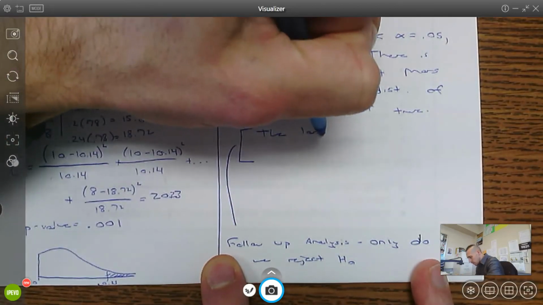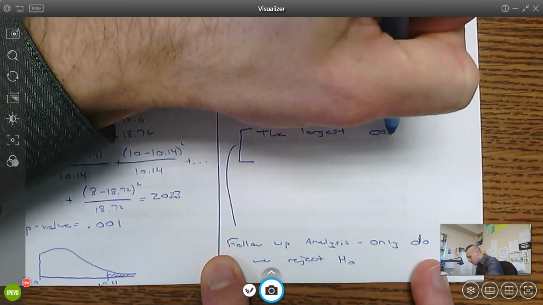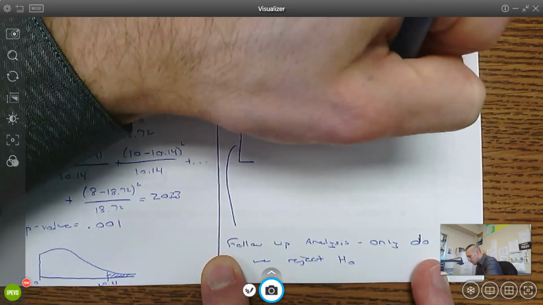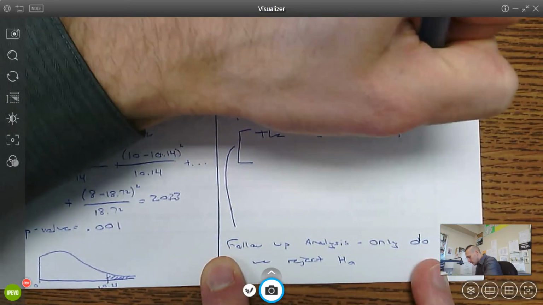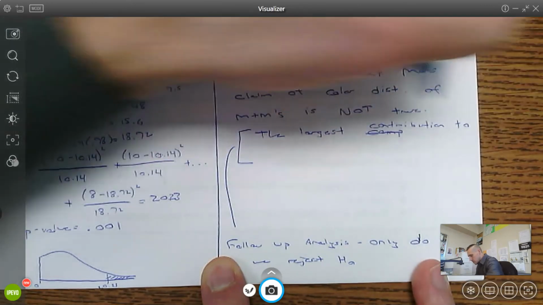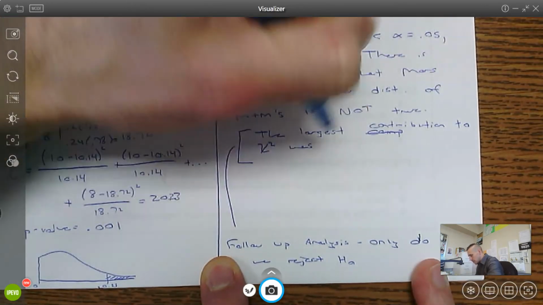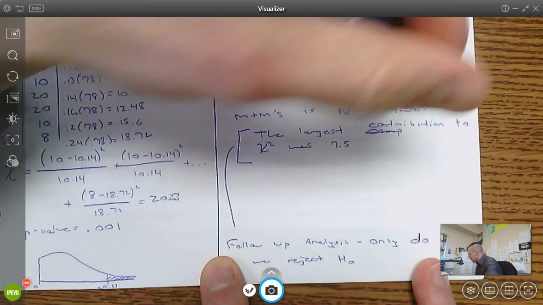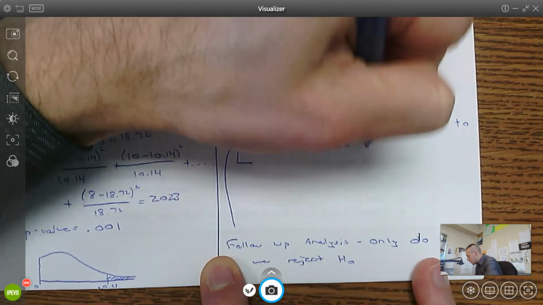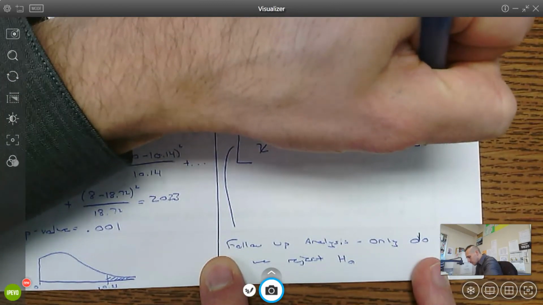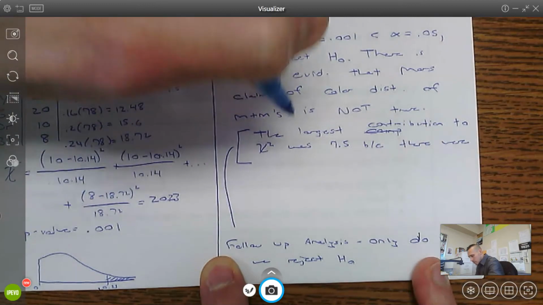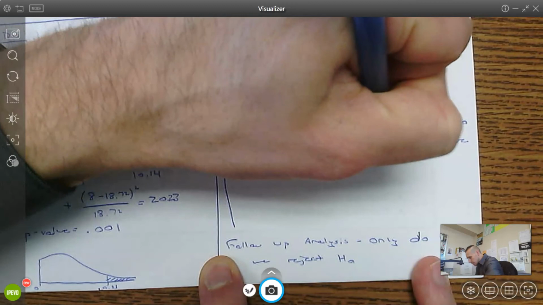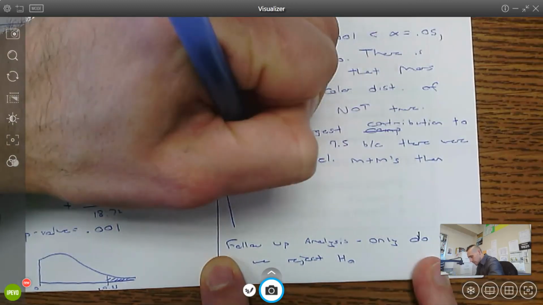The largest contribution to chi-squared was 7.5. I don't remember the decimal after that, because there were more yellow M&Ms than expected.